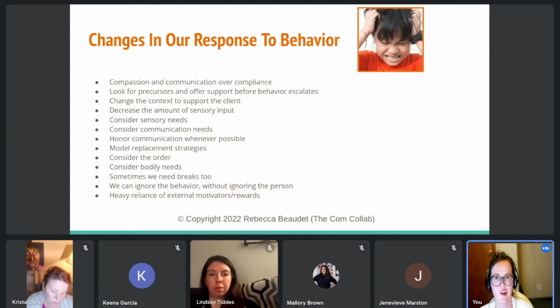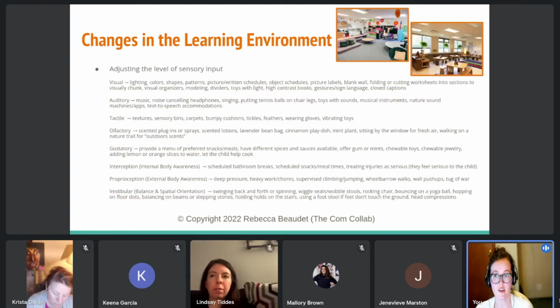Someone might be hypersensitive, where even the littlest bit of input feels like a lot. And then someone might be hyposensitive, where you can give a lot and a lot and a lot, and they're seeking it because they're not feeling that input or hearing that input as easily as somebody else might be.